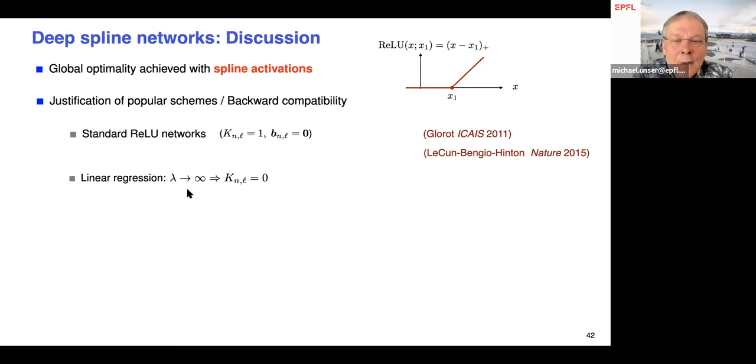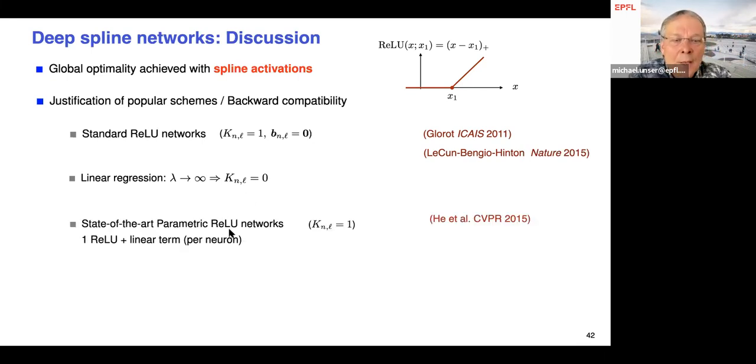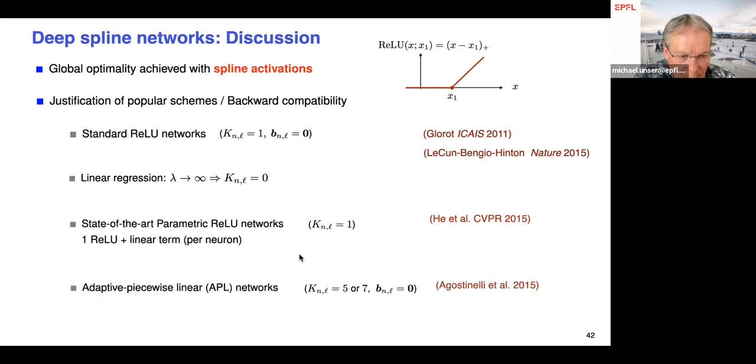If we let the regularization that we apply to this total variation, the lambda, go to infinity, this kind of architecture will produce a linear regression. And then also state-of-the-art parametric ReLU. Here people have proposed, instead of putting just one ReLU, putting a ReLU with a piece of a straight line. This is also part of the theorem, and you can also put more knots. People had proposed that before, and it usually works a little better than just having one ReLU.